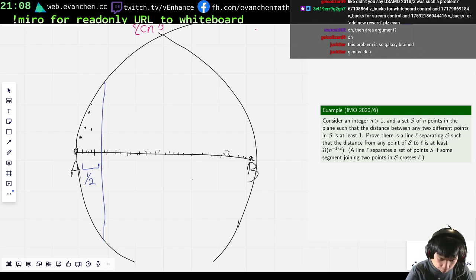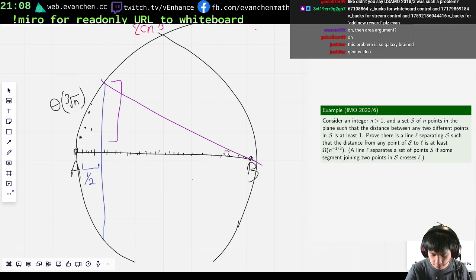How many points are there? About cube root n-ish. I'm going to start being lazy with this. There's at least about cube root n points here. On the other hand, how long is this segment?